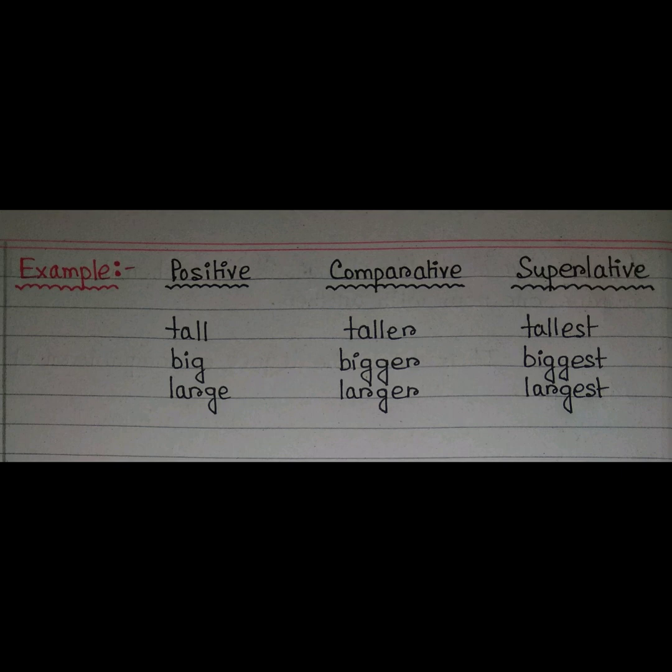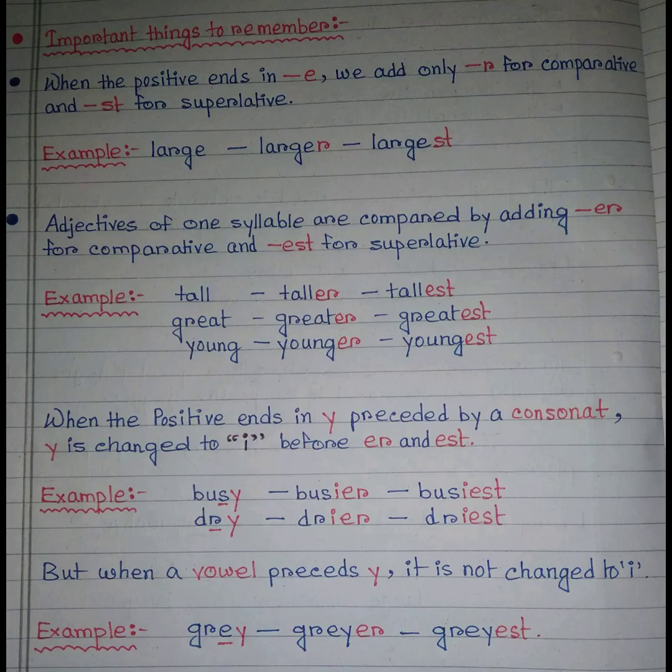So there are so many students in the classroom, more than two students are in the classroom. So here is the comparison of more than 2 persons. So Ram is the tallest boy in the classroom. In this way, big, bigger, biggest, large, larger, largest.